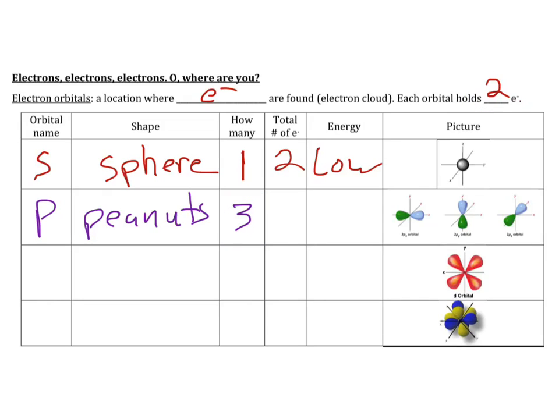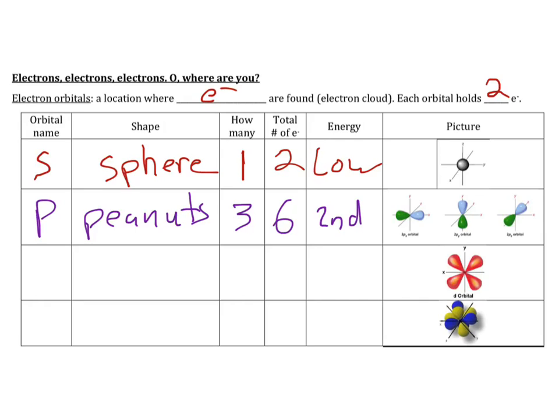Total is 6. Because again, there's 3 orbitals, 2 electrons can go into each orbital, and so there's a total of 6 electrons. And these are the shapes of those p orbitals. I'm going to go ahead and say that this is the second lowest energy.